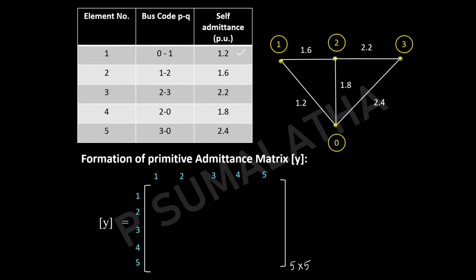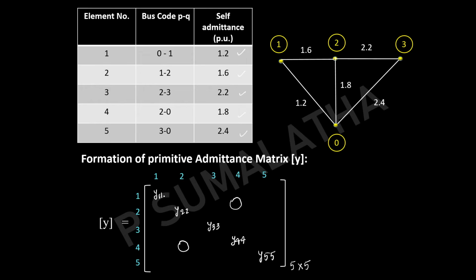The given values are the diagonal quantities with respect to that particular line. That means here you will have only y11, y22, y33, y44 and y55. All the remaining off diagonal elements will become 0 because we don't have any mutual admittance between the lines.